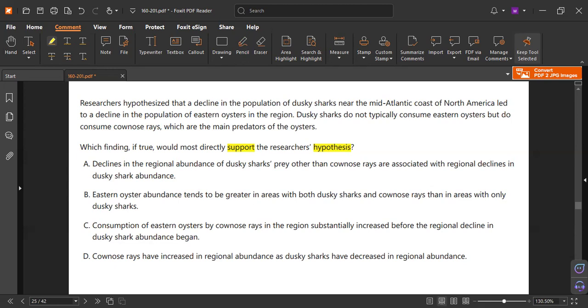Is it A? You wanted to make it A, but no.